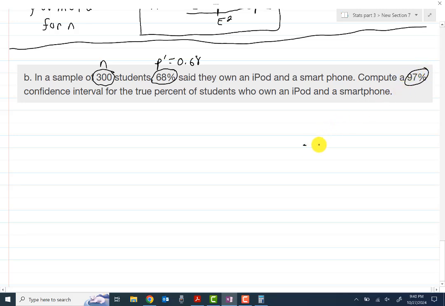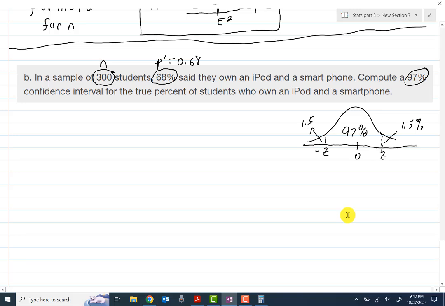So when we draw this out, this helps you get your z value. What I want is 97% between these two z values, which means that what's left outside is 3%. So if you take 3% and divide it by 2, we get 1.5% in each end. 1.5% is 0.015.